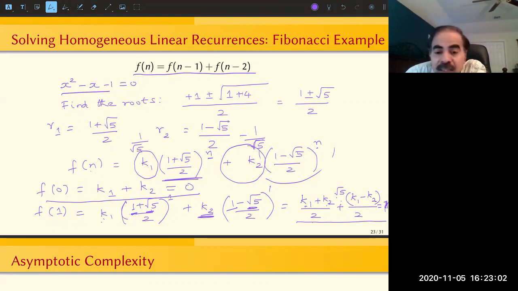Because obviously, looking at this Fibonacci series and how it is always an integer and how it has a simple form like this, we definitely don't expect that its solution has square root 5 in it. But we just apply this standard technique, and then we go through a few steps, which are all mechanical.